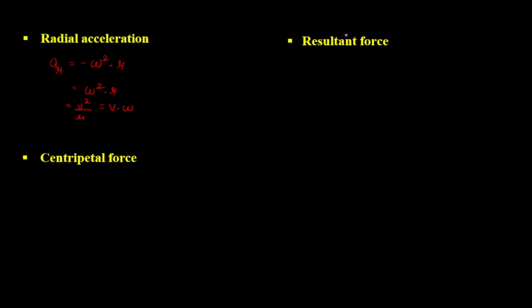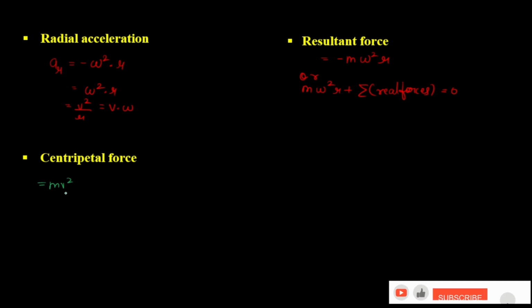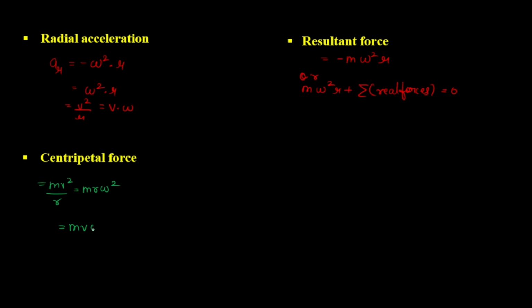Now we have resultant force, which is minus m omega square r plus sum of the real forces which we have, equivalent to 0. We have now the centripetal force formula, m v square upon r equals to m r omega square, or it is m v omega.